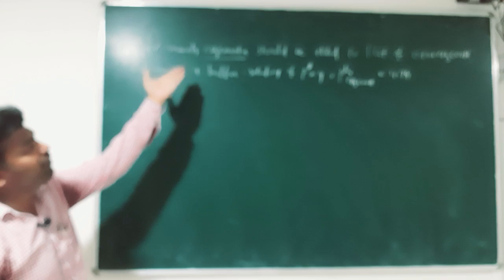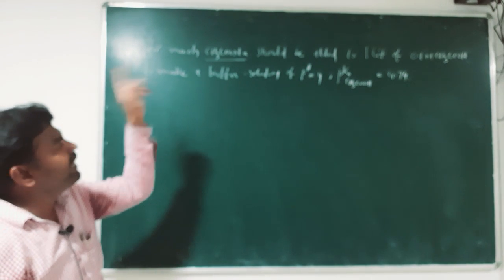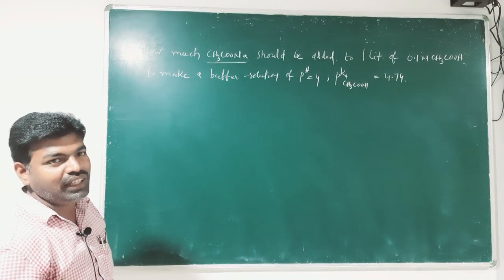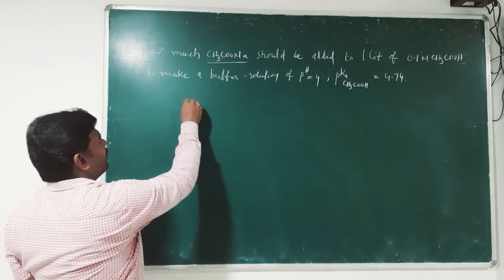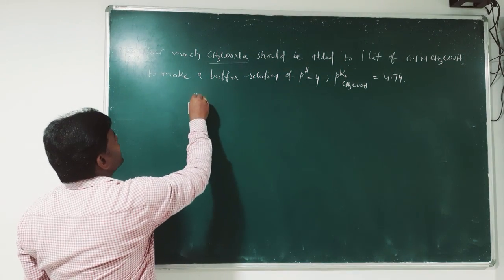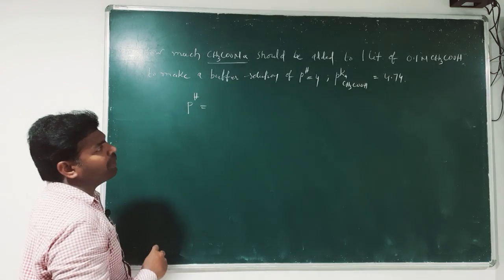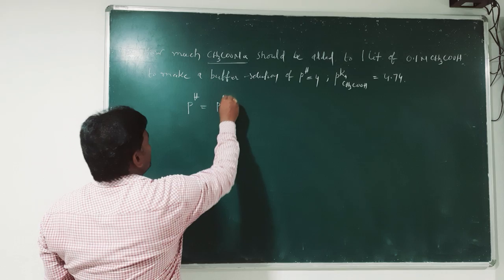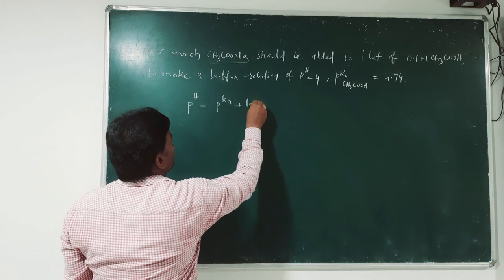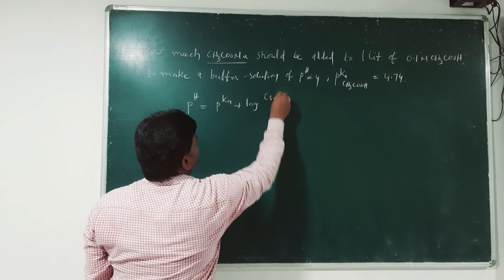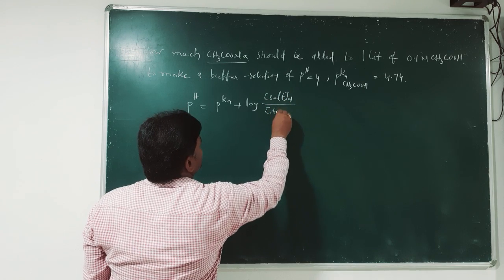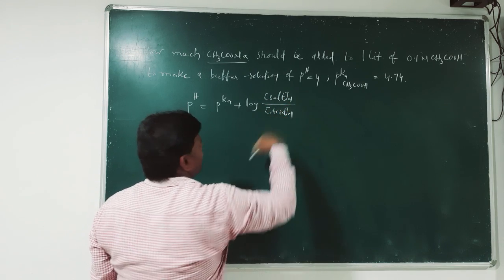By reading this problem, I came to know that it is an acidic buffer. From this we can write pH is equal to pKa plus log of concentration of salt by concentration of acid.